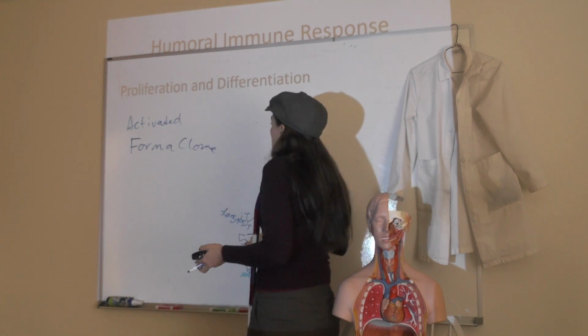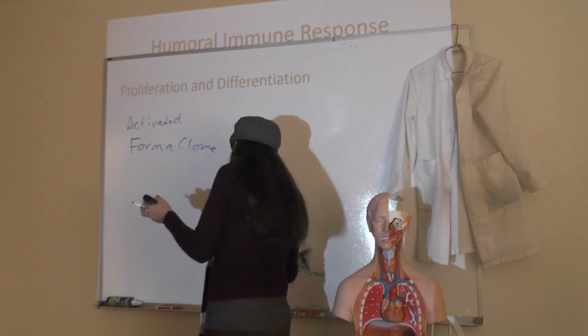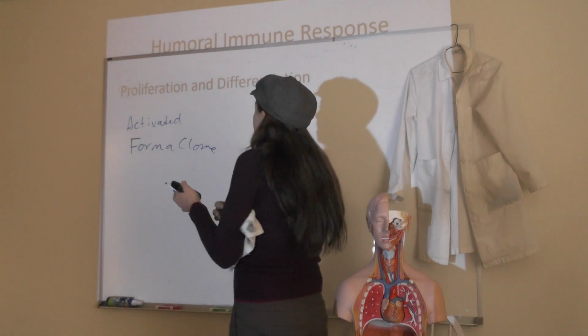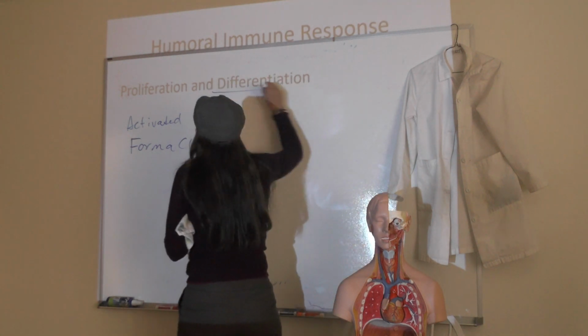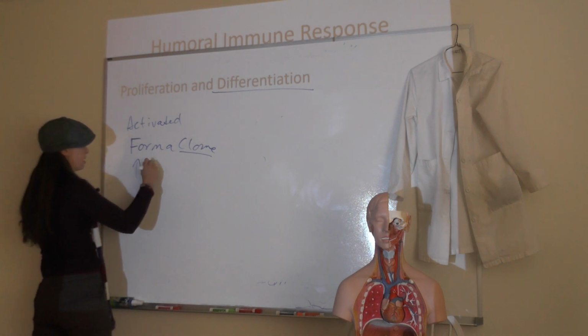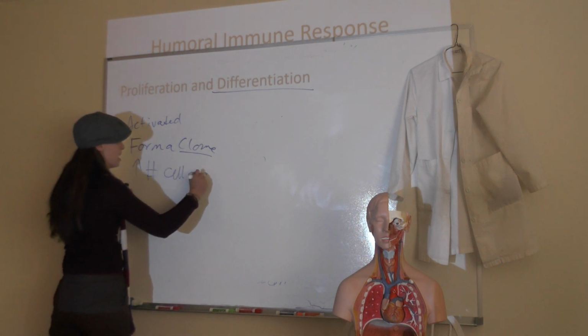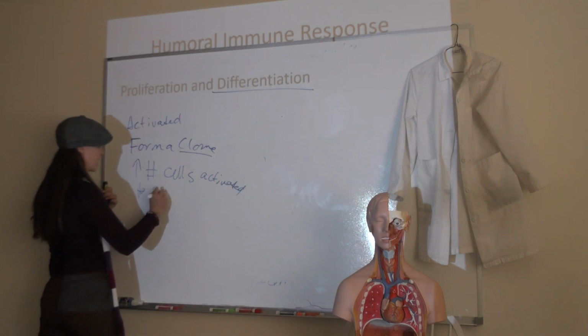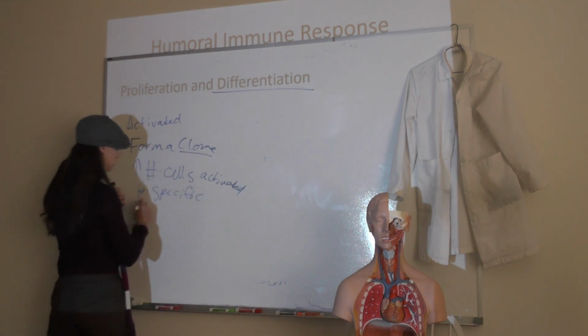So I form a clone, and I'm going to differentiate again into my effector cells and my memory cells, but my effector cells are different this time. Again, this is a large number of cells activated to the specific extracellular pathogen.